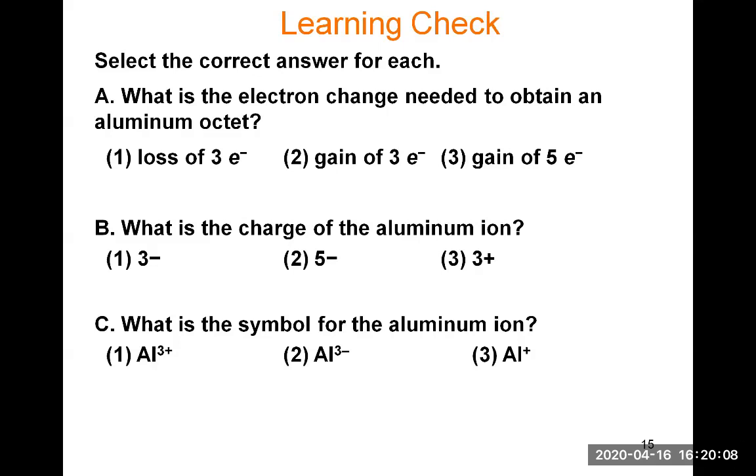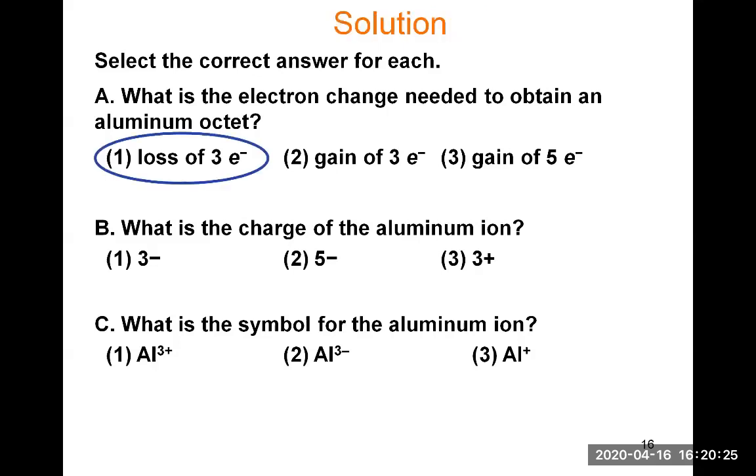So aluminum, group 3A, is a predictable ion, and it likes to lose those 3 valence electrons to become an ion. So it will lose 3 electrons, and then its valence shell will be the previous shell, full with 8 valence electrons.